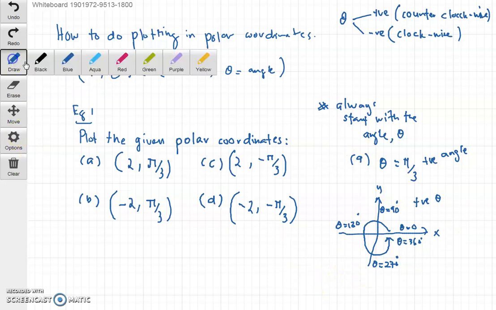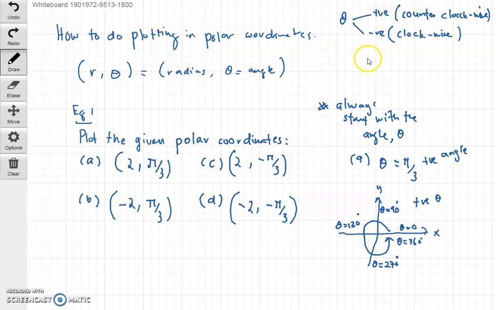But when we deal with a negative angle, the direction that we are going to use is clockwise. Again, let's say we have the illustration here. We are going to start with theta 0 here, but now we rotate clockwise, which is this direction.